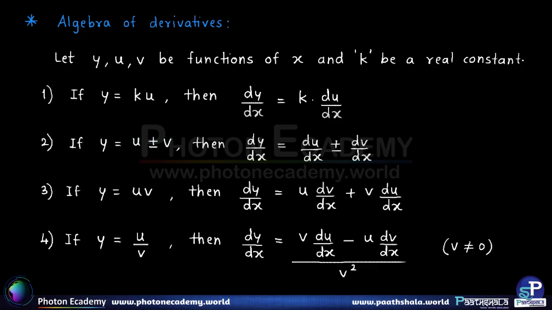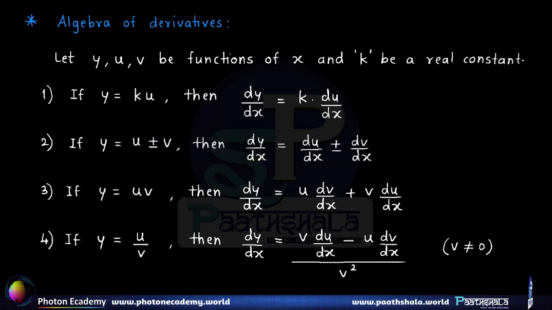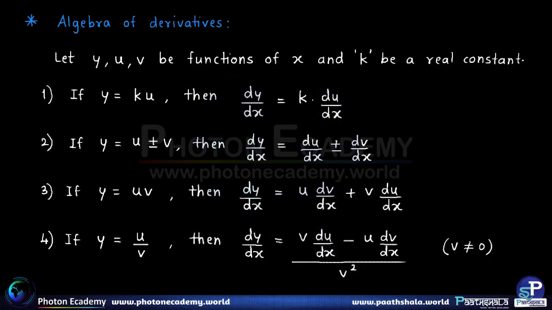Okay. And lastly, if we have the division of two functions, that is if y is equal to u divided by v, then the derivative of y with respect to x has a very peculiar formula which we have to properly remember. In the numerator we have v into du by dx minus u into dv by dx, whole divided by v square, and of course v should not be equal to 0 because v square is in the denominator.